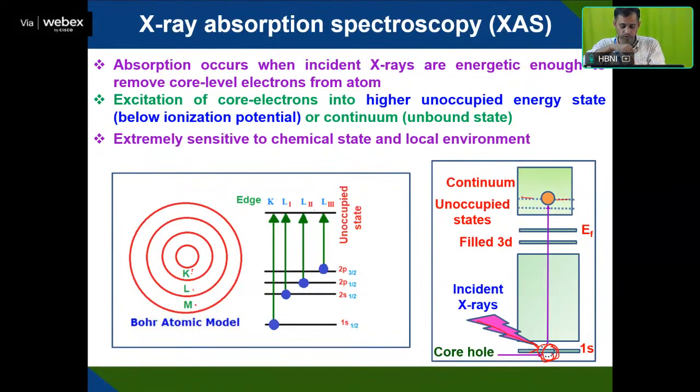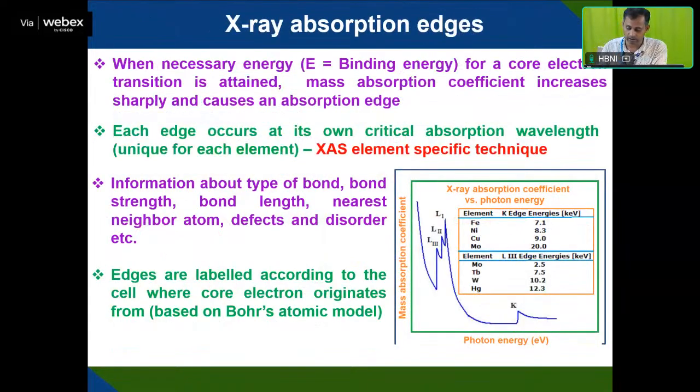When X-ray falls on the material with sufficient energy, the core electrons are knocked out. Until then, the absorption will be slightly less. Once you overcome that binding energy barrier, there is suddenly a sharp increase. So for K alpha there is a sudden change, and for the L case as well.